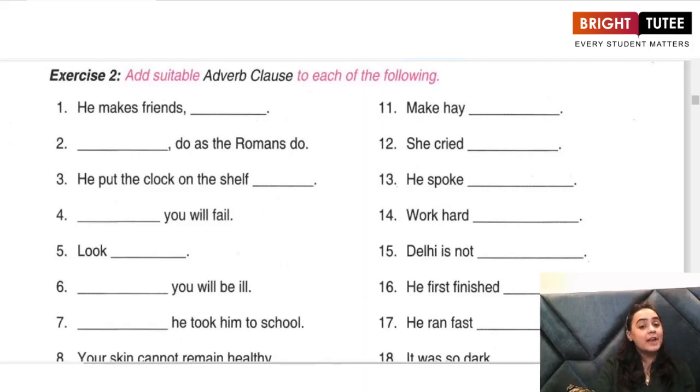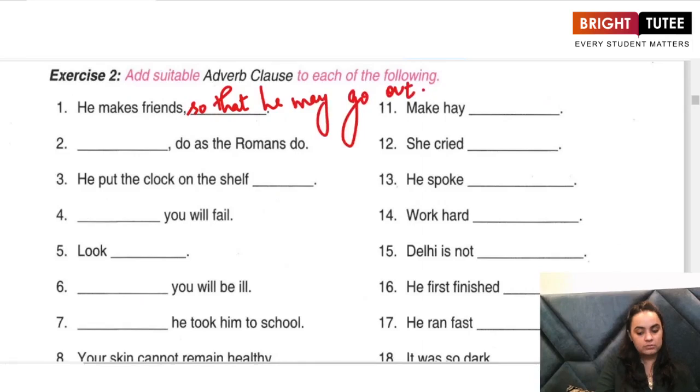He makes friends so that he may go out. Dash, do as the Romans do. We can say, learn to sing as the Romans do.